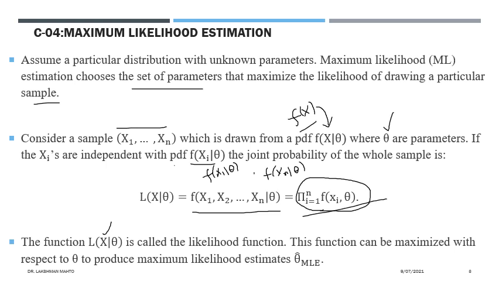This function can be maximized with respect to theta to produce a maximum likelihood estimator, that we are calling theta cap MLE. M meant for maximum, L meant for likelihood, and E meant for estimate.